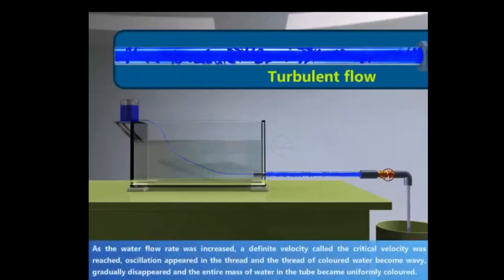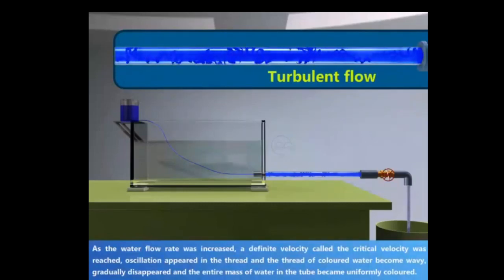Now if we open the valve fully, then the water flow rate will increase and a definite velocity called the critical velocity is reached. Oscillation appeared in the thread, and the thread of the colored water becomes wavy. It is gradually dispersed and the entire mass of water in the tube becomes uniformly colored.